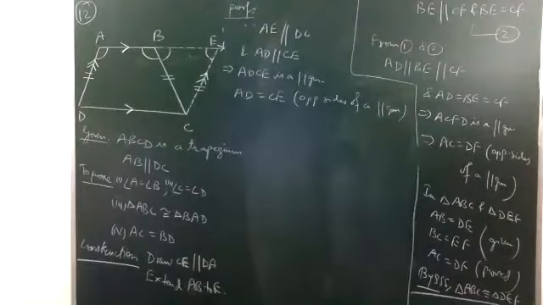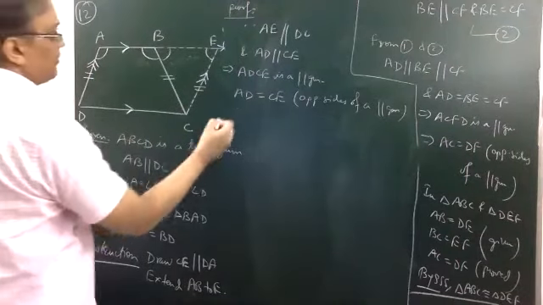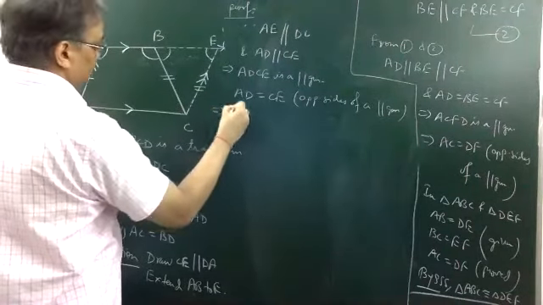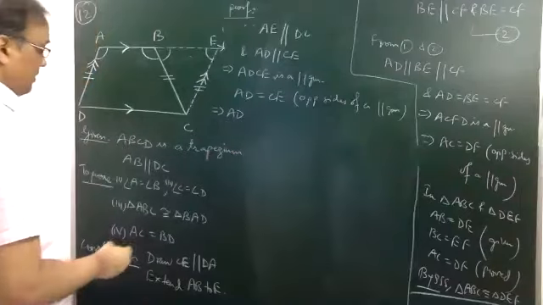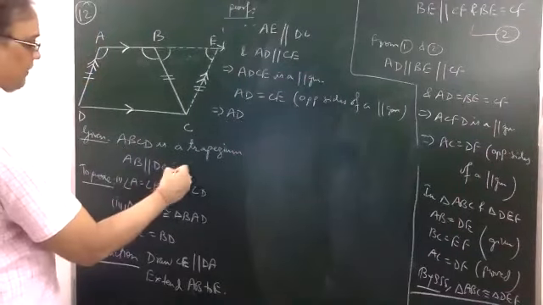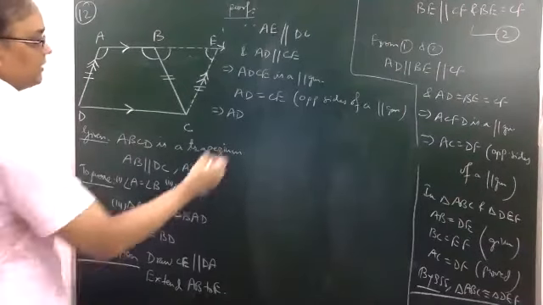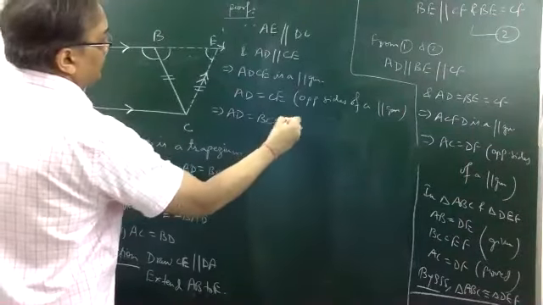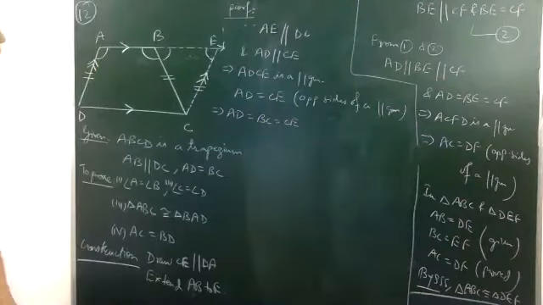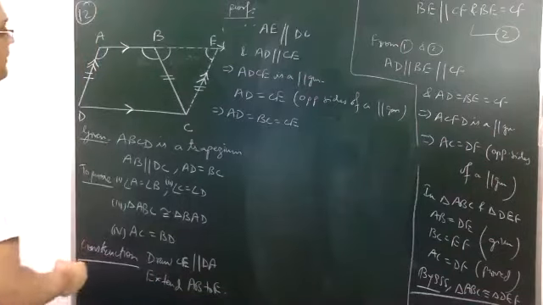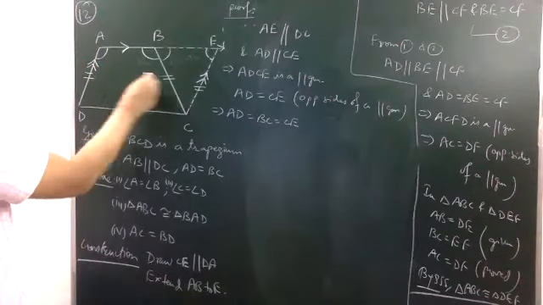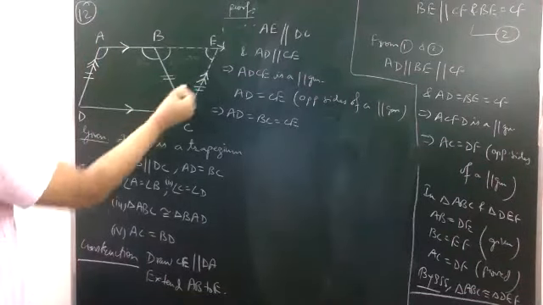AD becomes equal to CE, but AD is also equal to BC. So that means, this was given, AD is equal to BC. So AD is equal to BC is equal to CE. So that means all these three sides are equal.